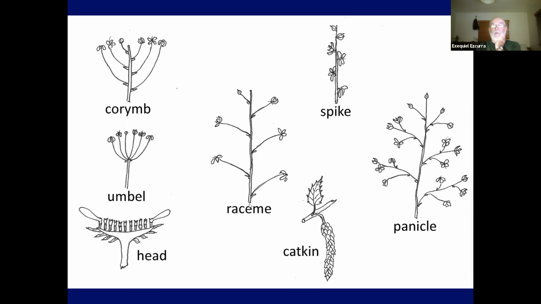This is a raceme. It comes from the Latin racemus, which is the name they used to give to the grape bunch from the grapevine plant. Okay, so the raceme is the most simple type of inflorescence, one stem that branches off with flowers, and all the flowers are congregated along the stem.